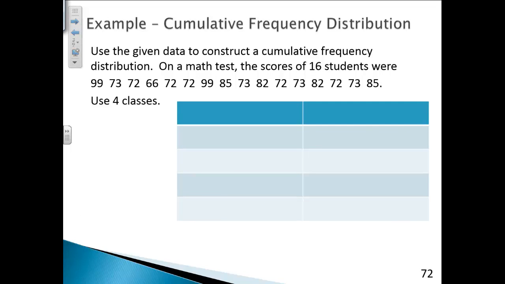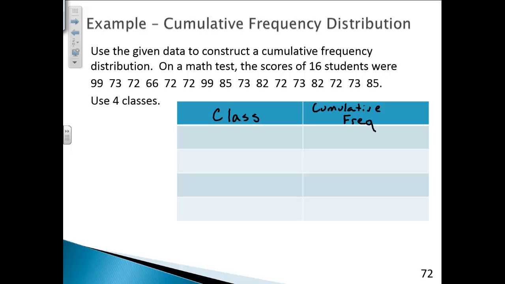Now we're going to create our cumulative frequency distribution using the same set of data, the 16 students' math test scores. We're going to have 4 classes. However, our classes this time are going to look a little different. So here are our classes and then our cumulative frequencies.